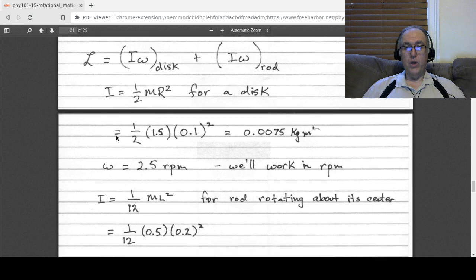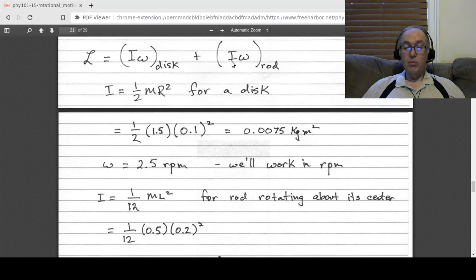Okay, now what about the rod? The moment of inertia of the rod, remember this is a rod, but now it's going to be rotating around its axis of rotation. And so the moment of inertia of the rod is 1/12, not 1/3. That's when it rotates around one of the endpoints. But when it rotates around the middle, it's 1/12 ml squared. So 1/12 ml squared for a rod rotating about its center.